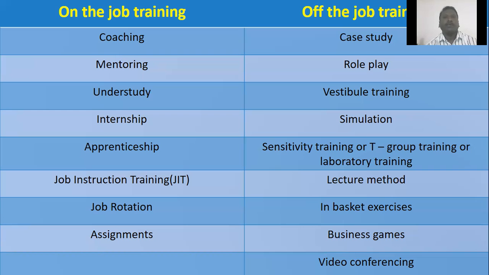Straight away, the individual will not perform the task. Until and unless the individual understands the first step of this training, the next step is not going to be explained. This type of training, we call it job instruction training or the step-by-step training method.